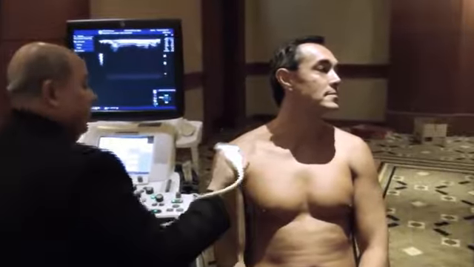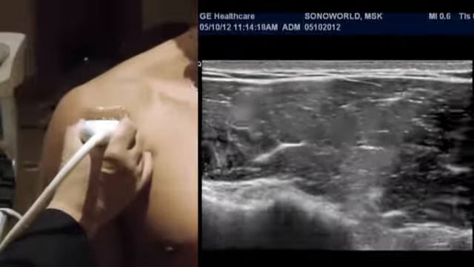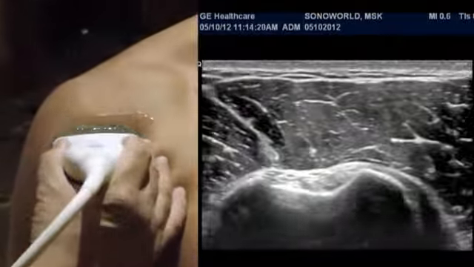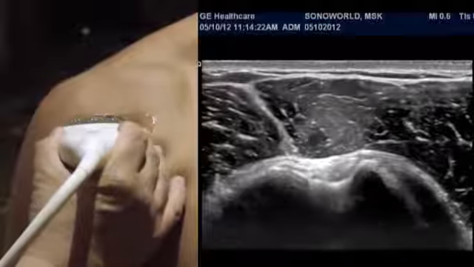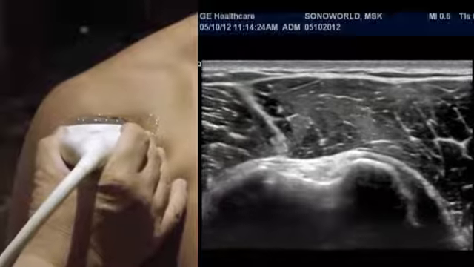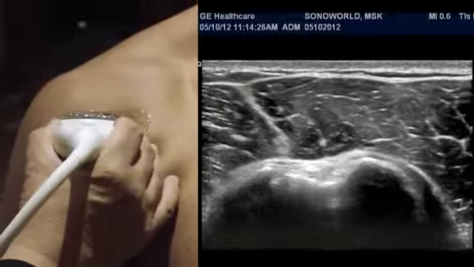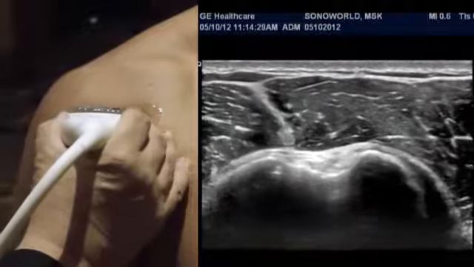We begin by putting the probe transversely across the patient's upper arm and locating the bone acoustic landmark of the long bicipital tendon and the bicipital groove. You can see that the long bicipital tendon is central within the bicipital groove.